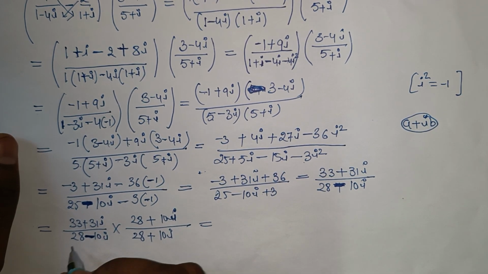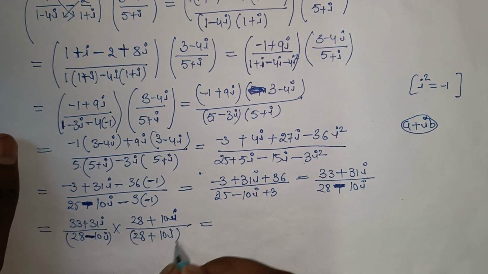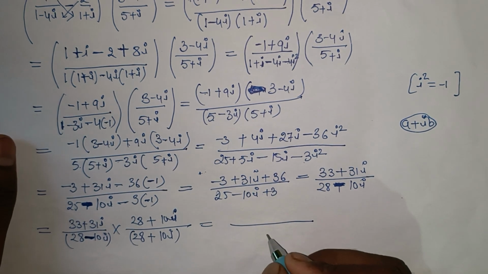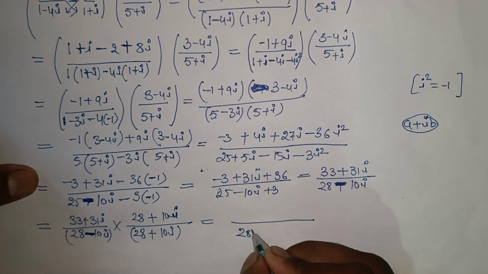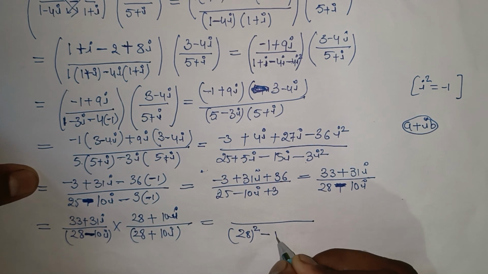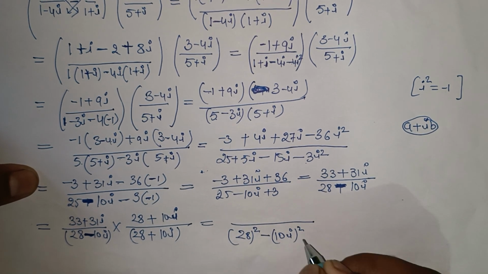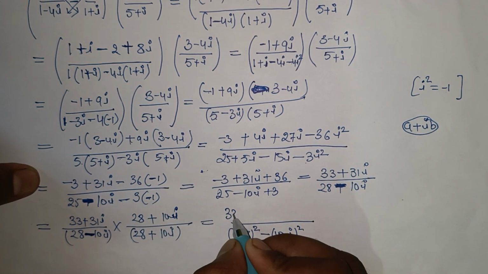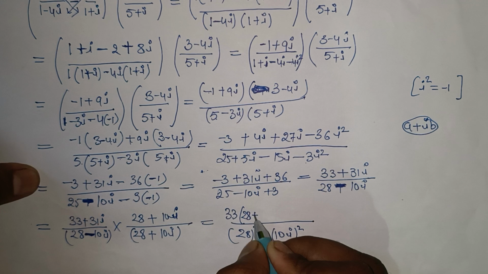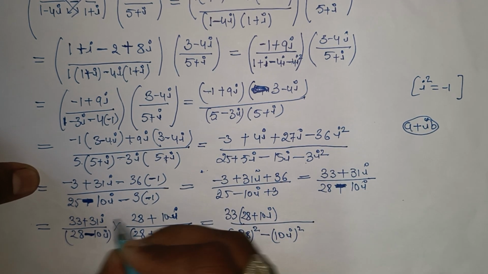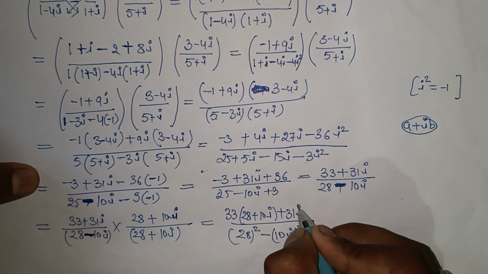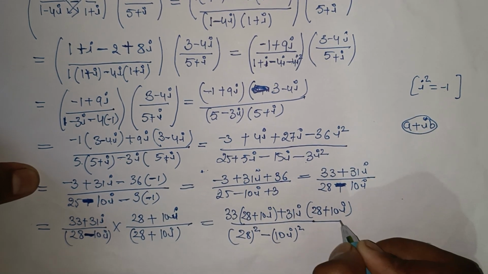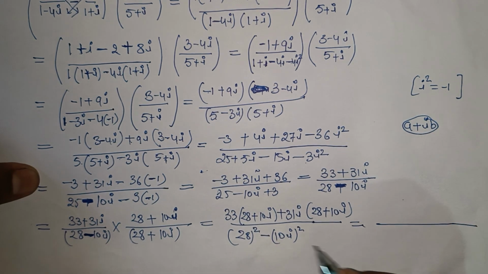Now the denominator becomes the identity a minus b into a plus b, which equals a square minus b square, that is 28 square minus 10 iota square, and the numerator becomes 33 into 28 plus 10 iota, plus 31 iota into 28 plus 10 iota.